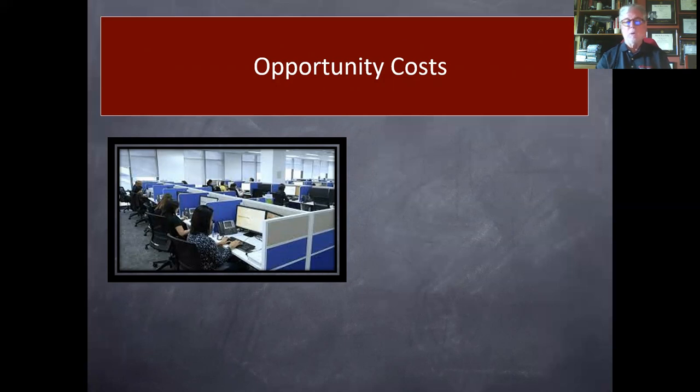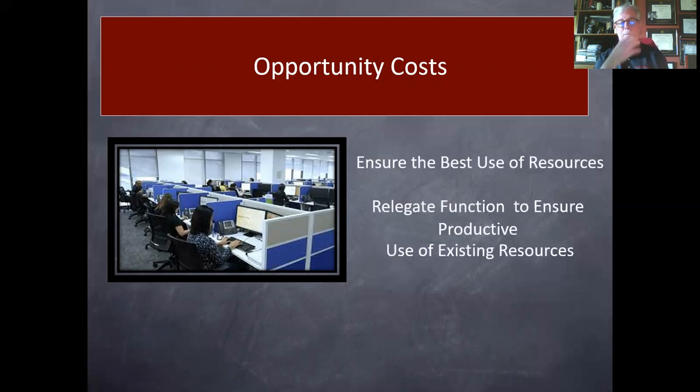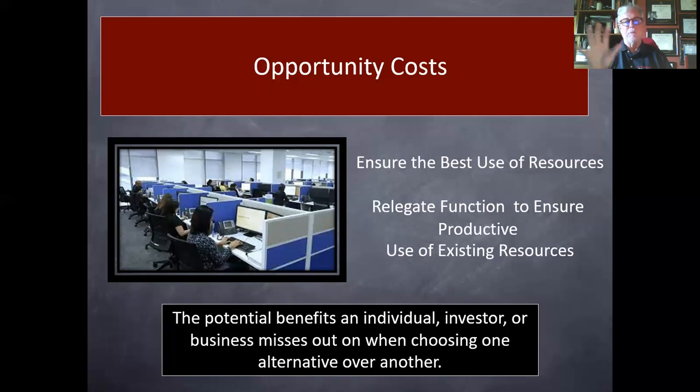So what did we do? We outsourced it to other companies. Telespectrum was one of them. We didn't want to use our resources on something else that we could farm out to somebody.